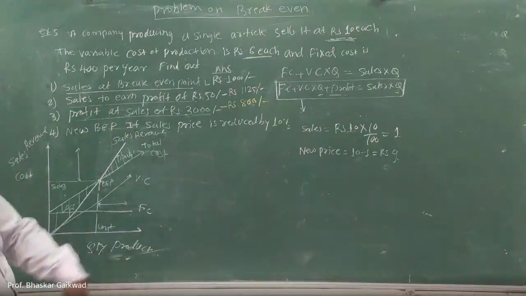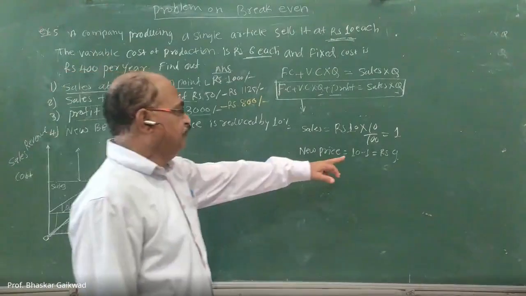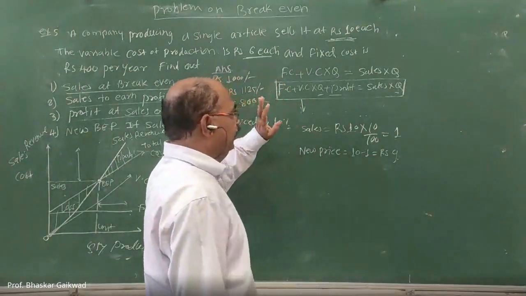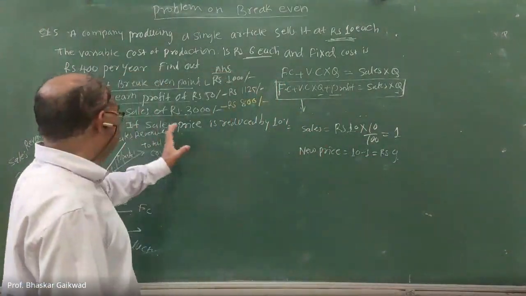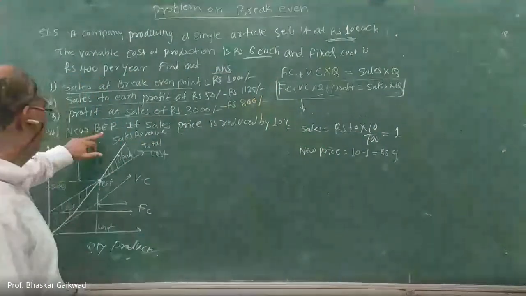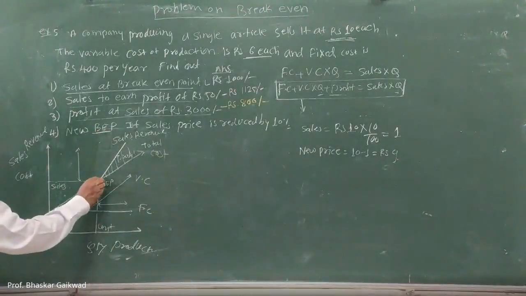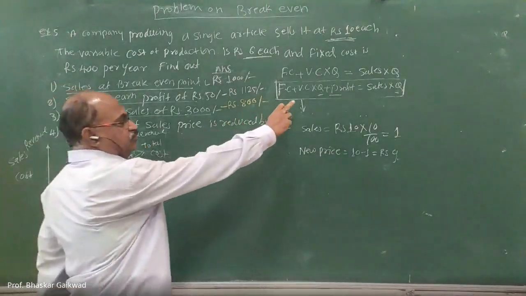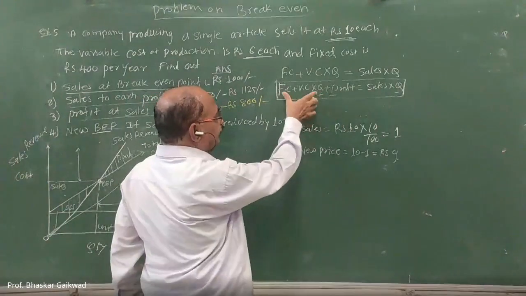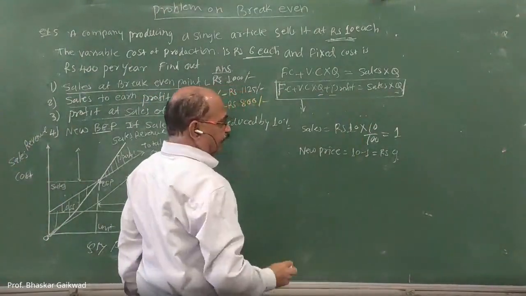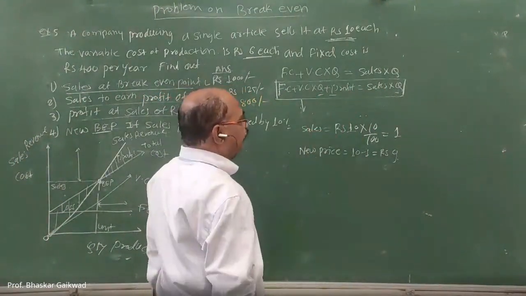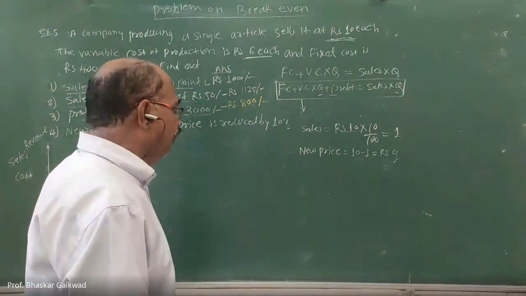Okay. Now, very simple, the new price is 9. Whether profit is required in this? There is no profit, because at break-even point there is no profit, no loss. So this term should not be there; only this and this remain. We require the quantity.